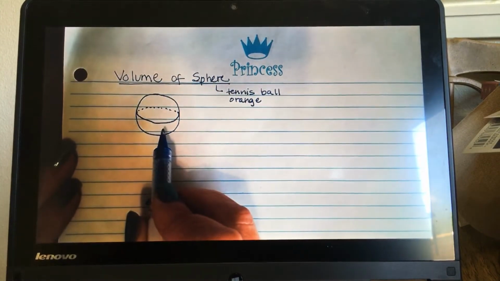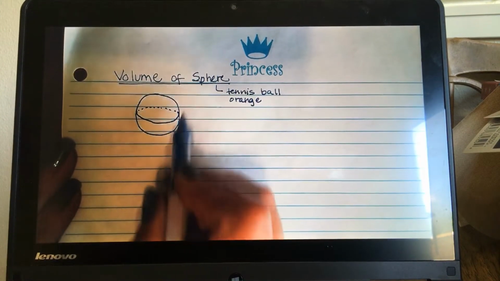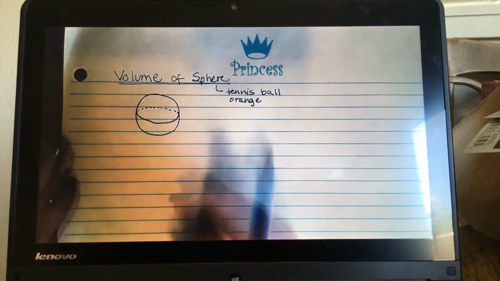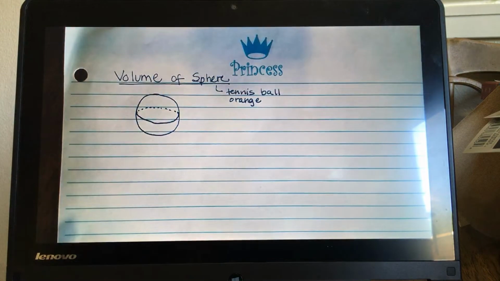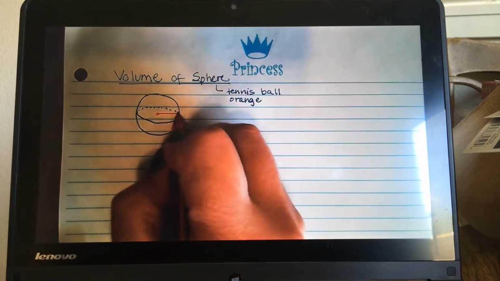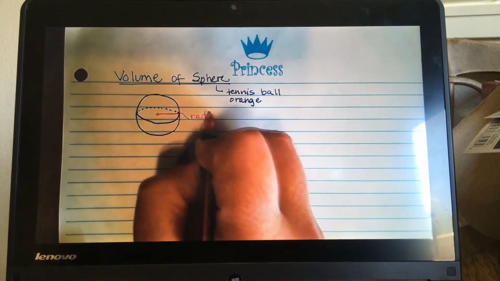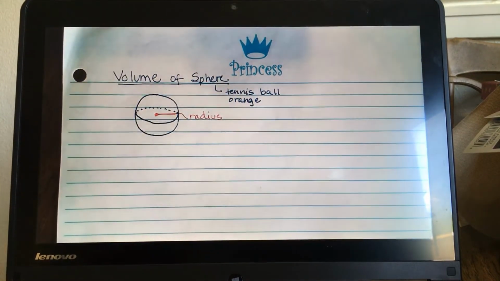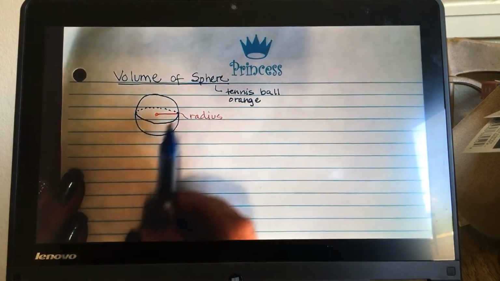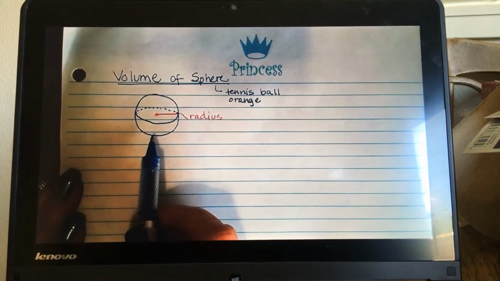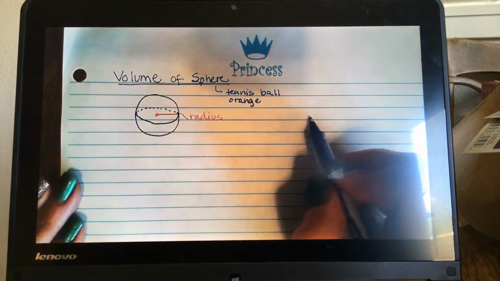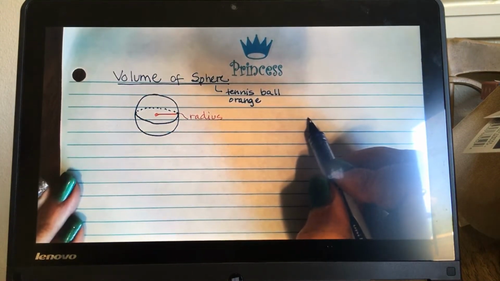So in a sphere, when we take a look at the volume, how much we fill inside of that, it depends on just one thing, and that is the radius of the sphere. If we know the radius, then we're able to find the volume. We can also talk about one little piece that's a bit different, called a hemisphere.